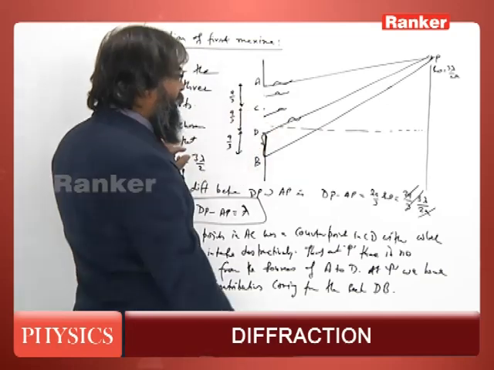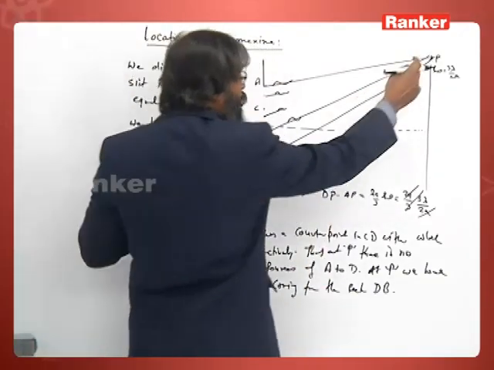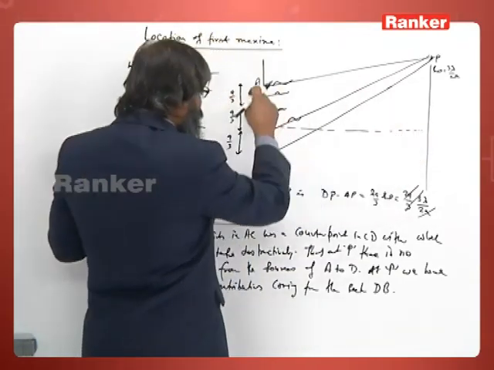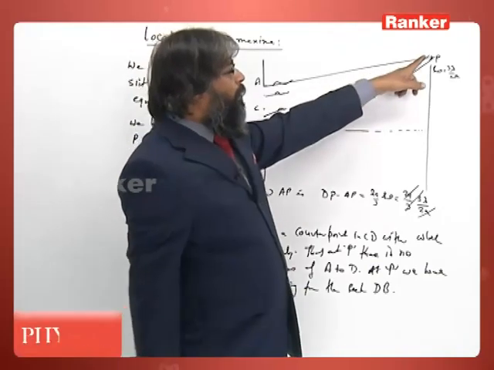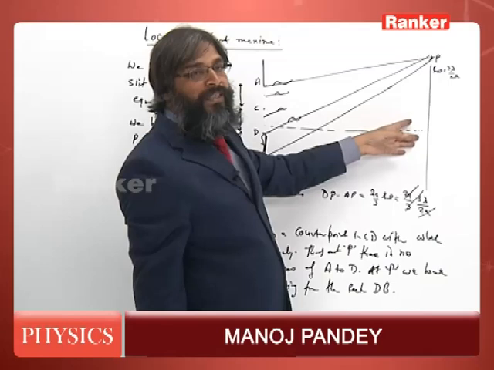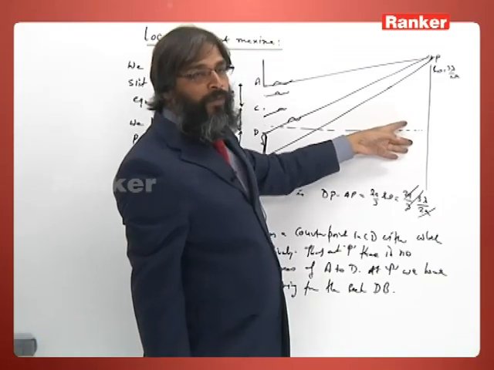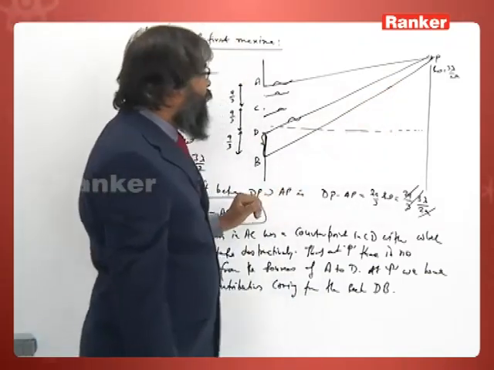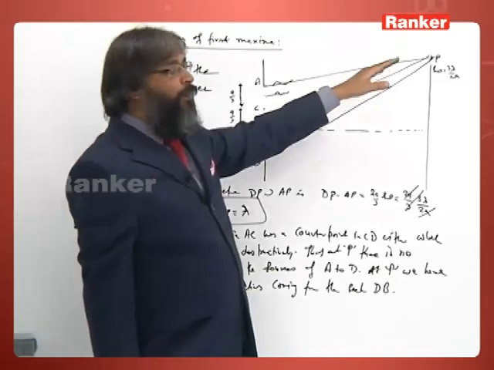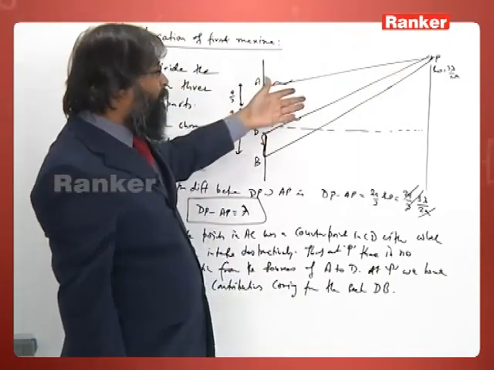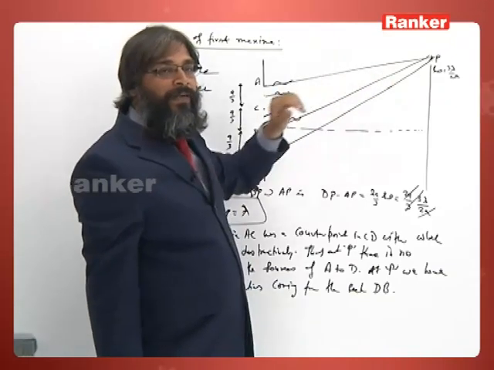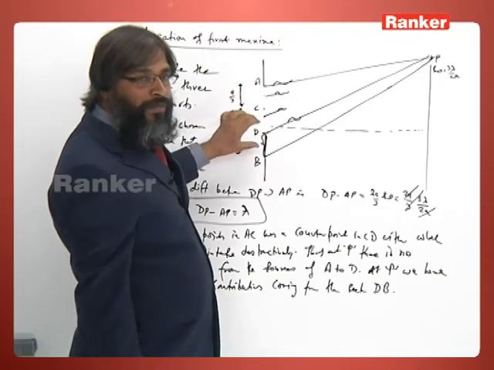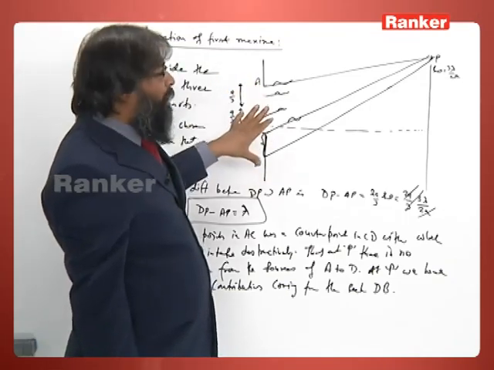The first maxima will have a contribution due to only DB, whereas in the central maxima the contribution is from A to B. So these maxima will not be as bright as the central maxima. So the central maxima will be more bright, and thereafter the maximas will be lesser. So this is how to get the location of first minima, first maxima. In a similar manner, other maximas and other minima can also be found by dividing it into 3 parts, sometimes 4 parts, and that can be determined.